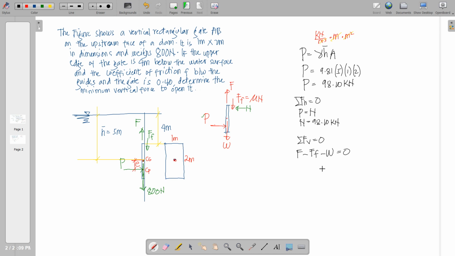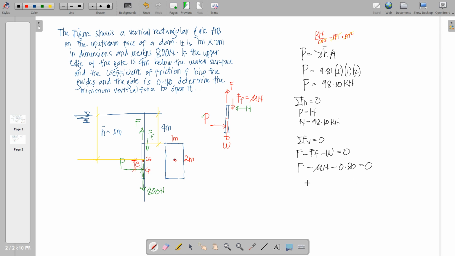F here is unknown. The frictional force is mu times the normal force, minus the weight, which is 0.8 kilonewton going downwards, and that equals 0.